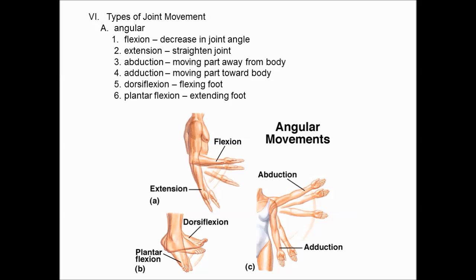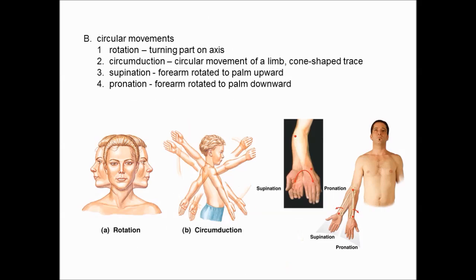Circular movements, just a couple of examples. We talked about rotation of the head. Circumduction is a very complex term, which is circular movement of a limb, like this boy is doing, that forms a cone-shaped space. So you're describing a cone when he moves his arm. Supination is something we're going to see later when we talk about muscles.